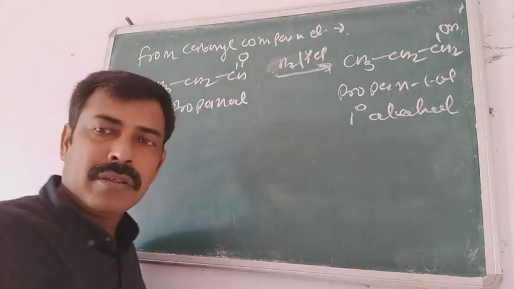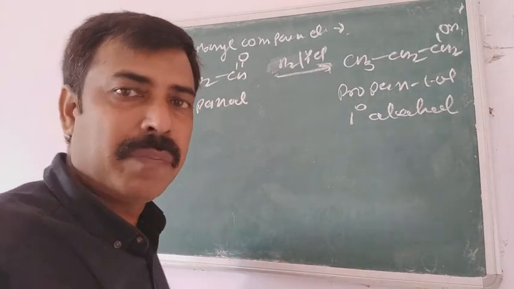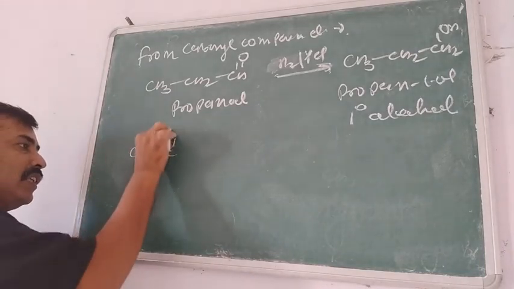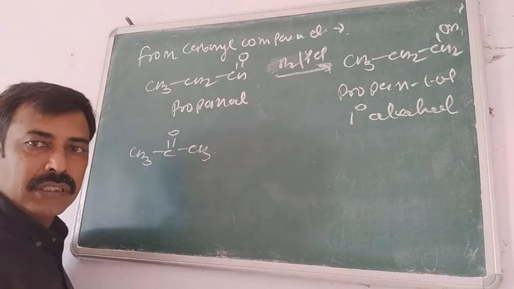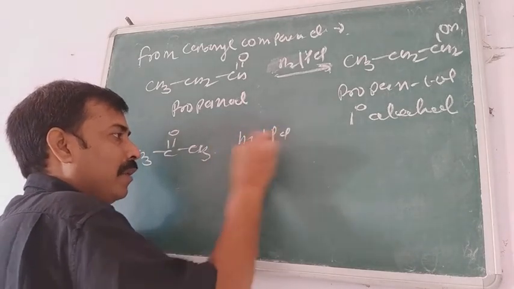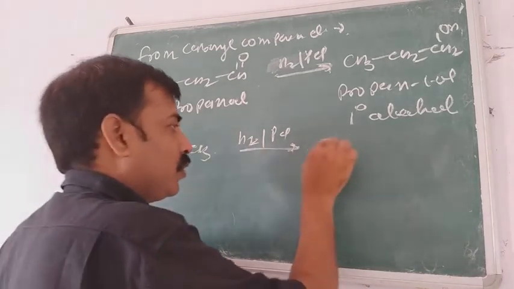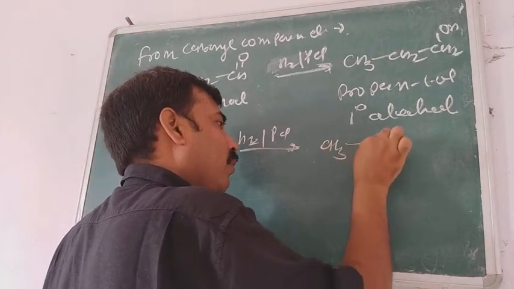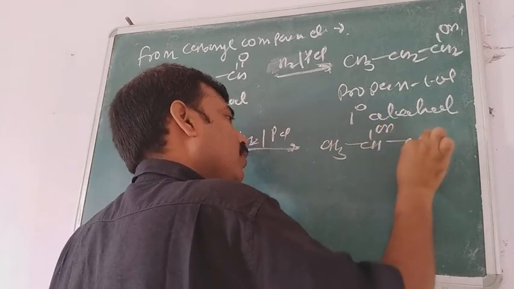But if you are treating the ketone with the same reagent, this is the ketone CH3COCH3, when it is treated with the same reagent, hydrogen and palladium, the same process will take place. It will be reduction and it will form CH3CHOHCH3.